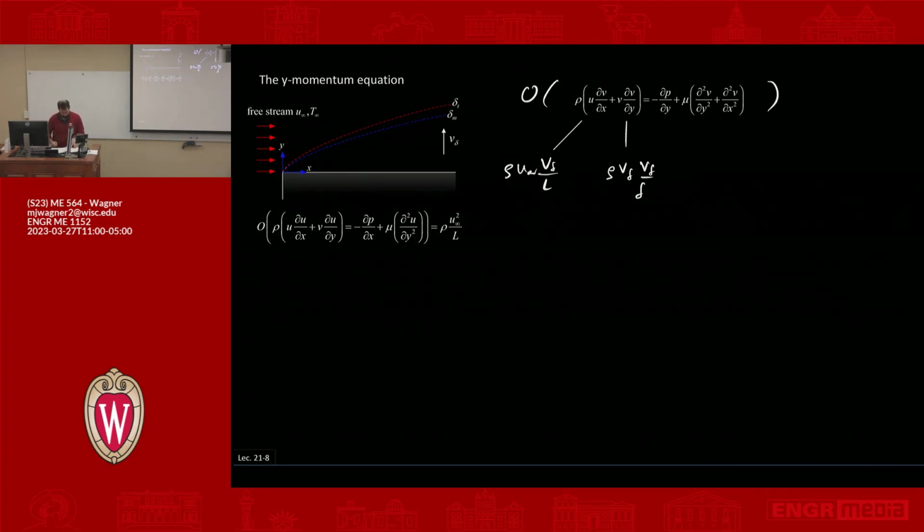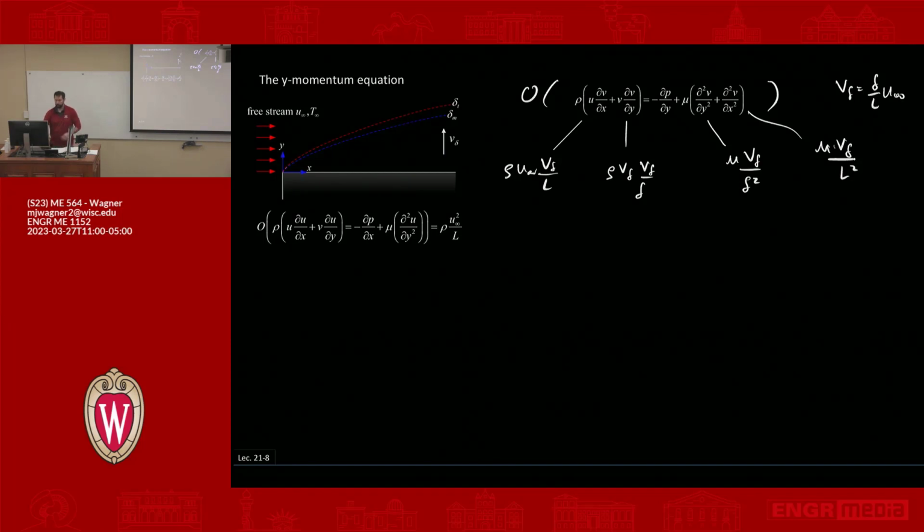Let's skip the pressure term for now. Let's do this second squared velocity with respect to y. That becomes mu times v sub delta over delta squared, right, for second derivative. And then the last term is mu times v sub delta over L squared. And let's keep in mind again that v sub delta is equal to delta over L times u infinity.